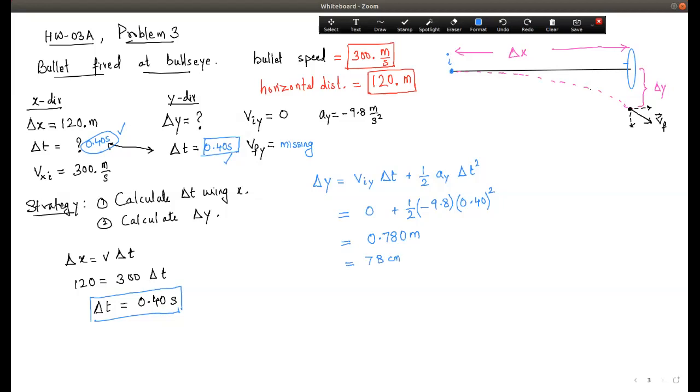That's a good amount of distance. That's almost 1 meter. 1 meter is about 100 centimeters. So the point is 120 meters is a good distance away when you talk about a bullet. Even though it travels at a relatively high speed, because of the distance, it really drops significantly.